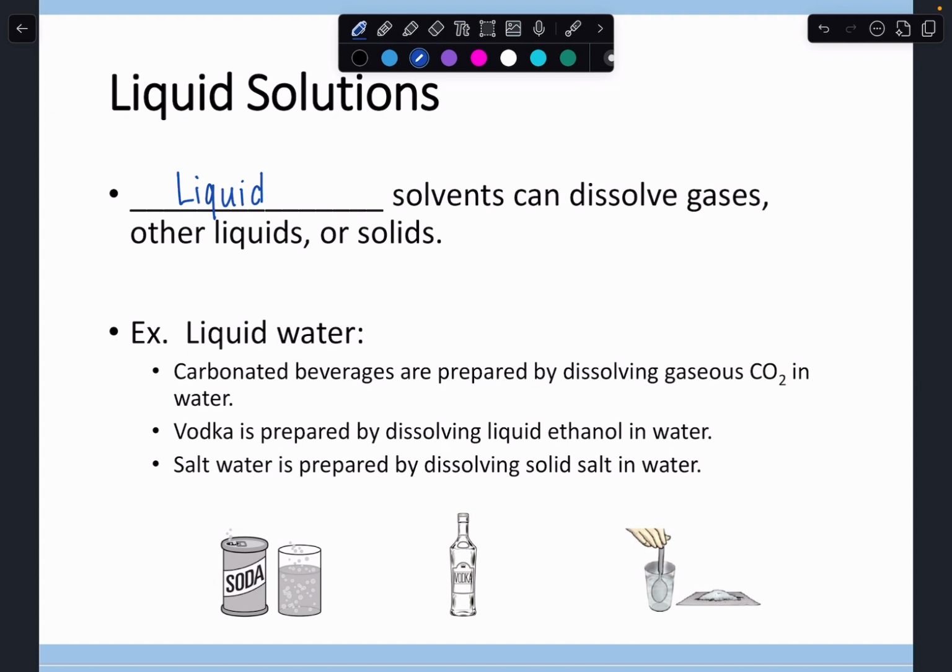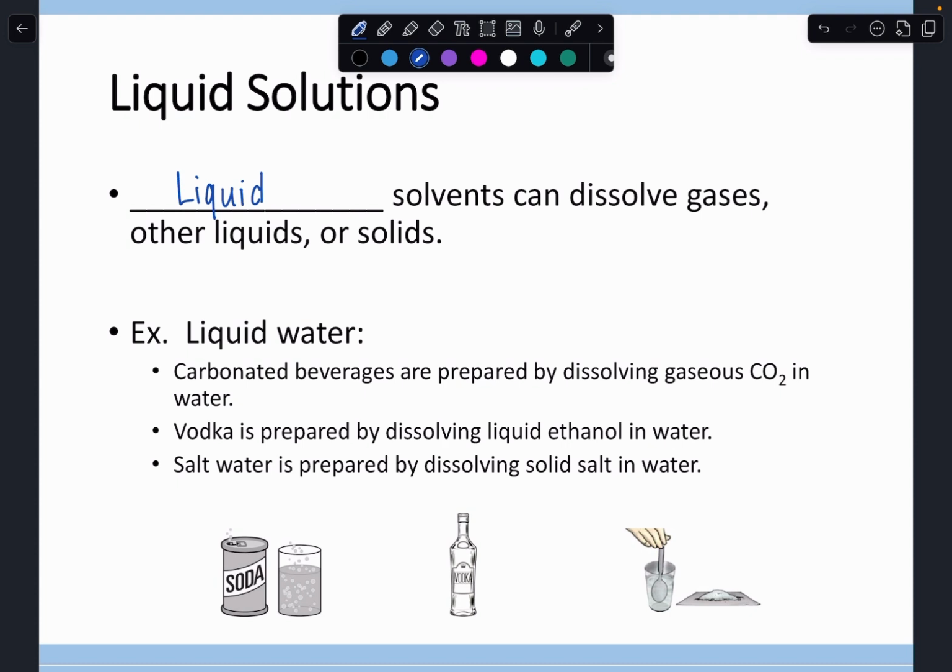So the carbon dioxide is forced into the water. These beverages are mostly water, there's some sugar, there's some other flavors in it, but that carbonation is gaseous carbon dioxide dissolved in the water. That's when you see those bubbles come out, those are carbon dioxide bubbles.